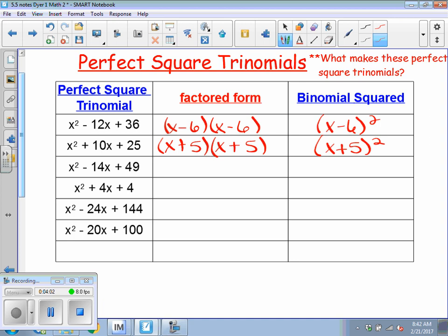Okay? Over here, what's the next one? We have x squared minus 14x plus 49. It's going to be x and x, minus 7, minus 7. Check it. Negative 7x on the inside, negative 7x on the outside gives me negative 14x. So as a binomial squared, that's x minus 7 squared.